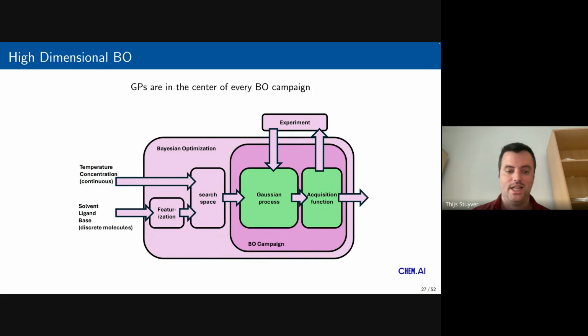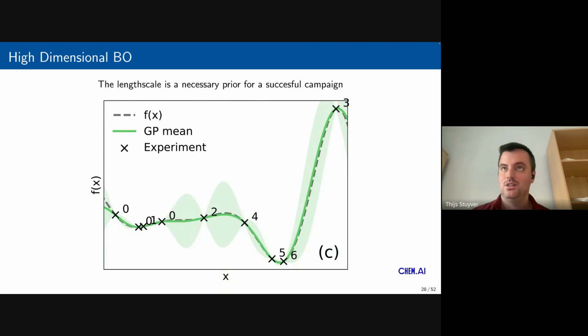So yeah, that was a bit what we wanted to say here. Again, this is the ideal case that you want, where your length scales are nicely fit to the data and the distances in the search space.